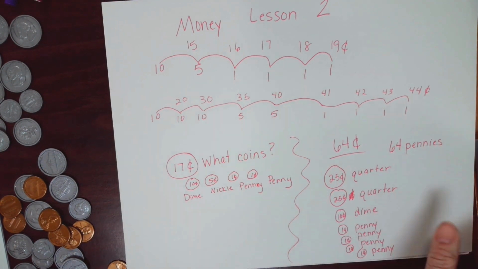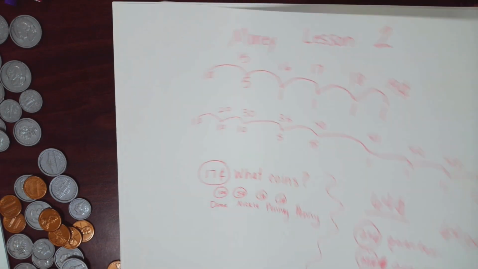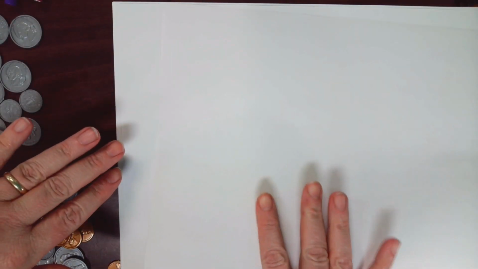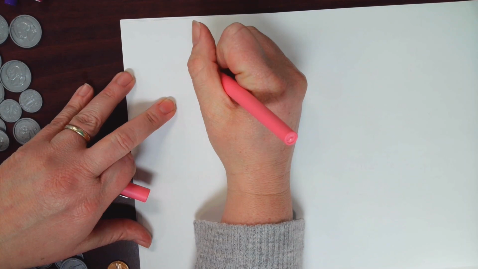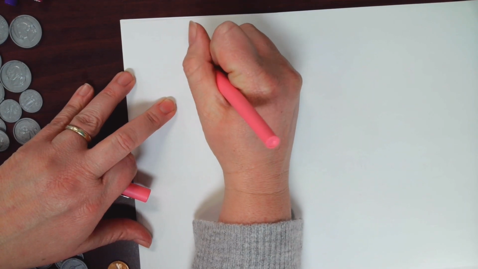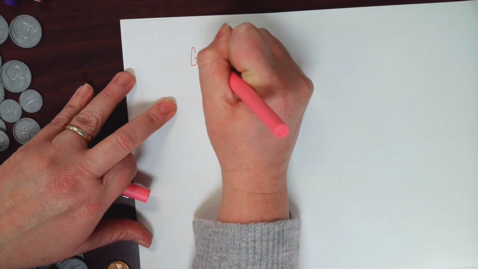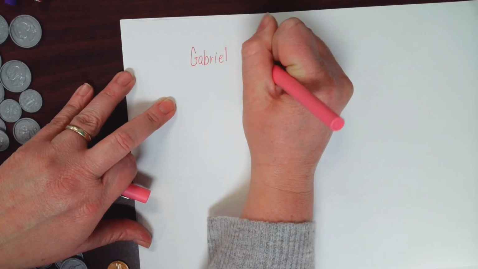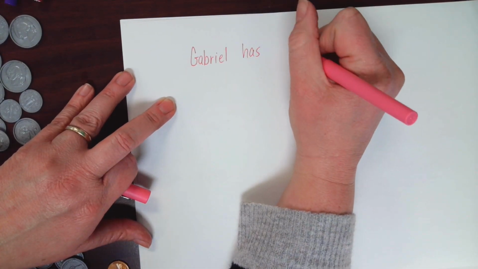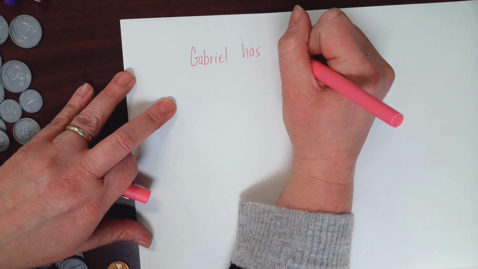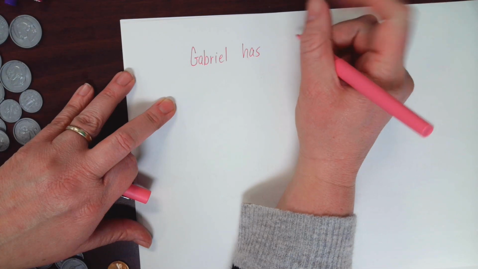Now, I've been giving you just the number. What if I gave you, let's flip it over so we don't waste paper on the back. How about if I told you, okay, well, let's go with Gabriel has, let's make him have a lot of change. That doesn't mean he's going to have a lot of money.